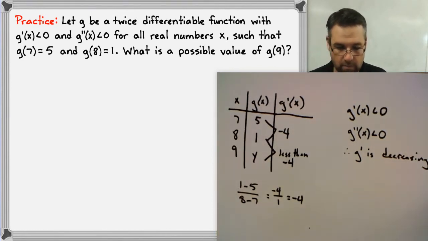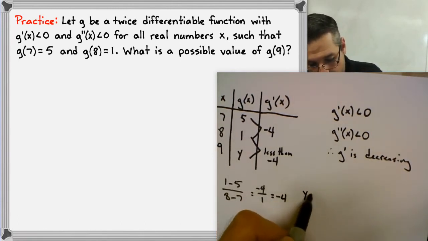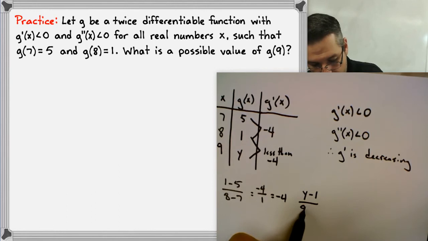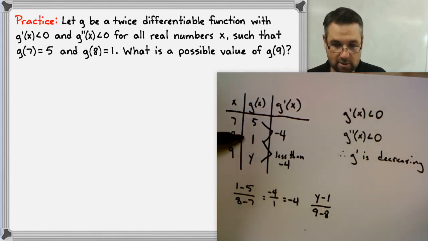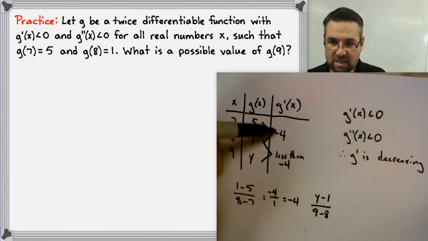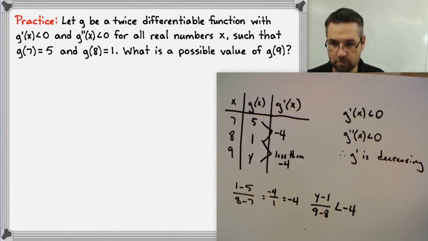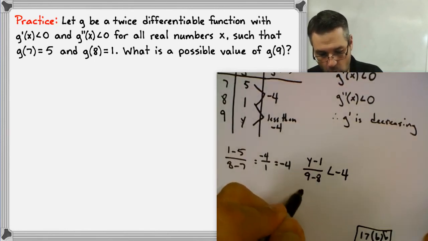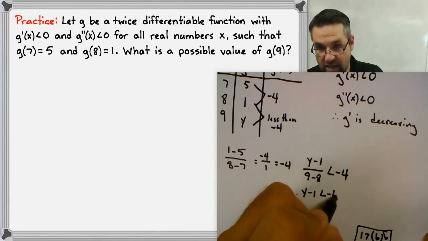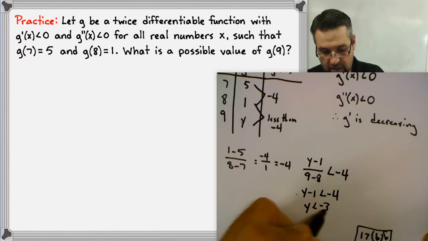I'll call this Y. And if I were to find the slope between those, it would be Y minus 1 over 9 minus 8. Well, that slope must be less than negative 4, because I need to see my slope, my G prime, decreasing. So I would say less than negative 4. And then solving this, we get Y minus 1 is less than negative 4, and therefore Y has to be less than negative 3.